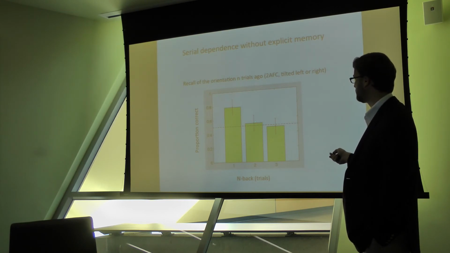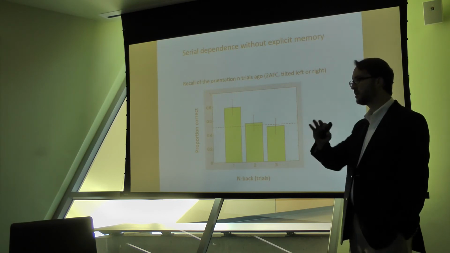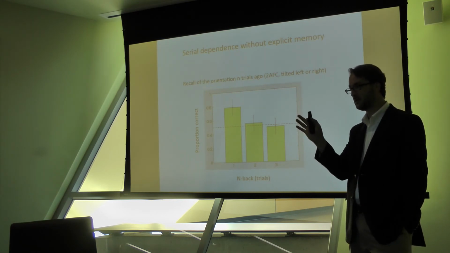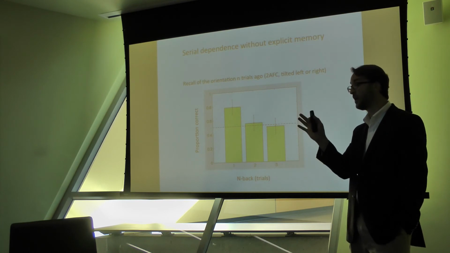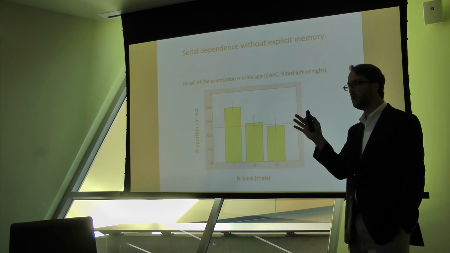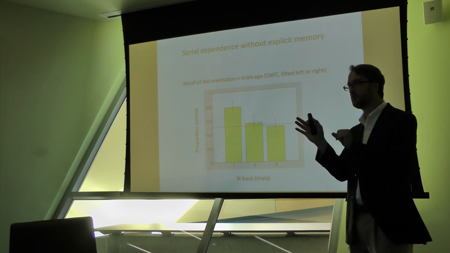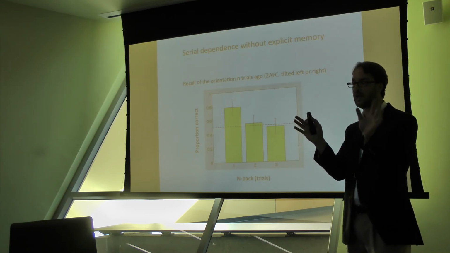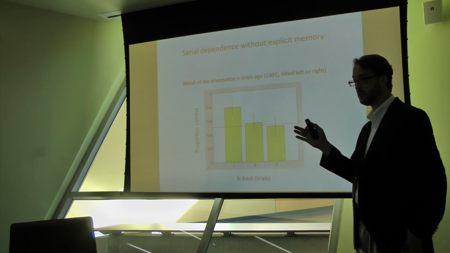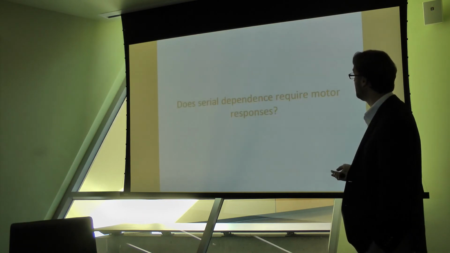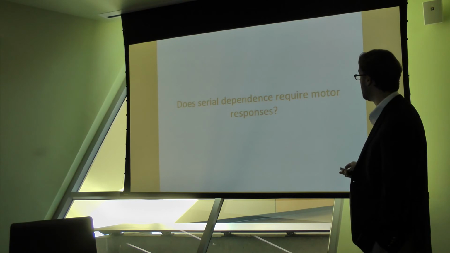So a subject says that on a trial, say 2 trials ago, the Gabor was tilted clockwise. And then he looks at the serial dependence. If they said clockwise and they were wrong, meaning they falsely remembered a clockwise orientation, it turns out that their serial dependence followed what was presented. It follows what was actually there, what they actually saw, not their false memory. So it's not a false memory effect, nor does it require explicit memory.